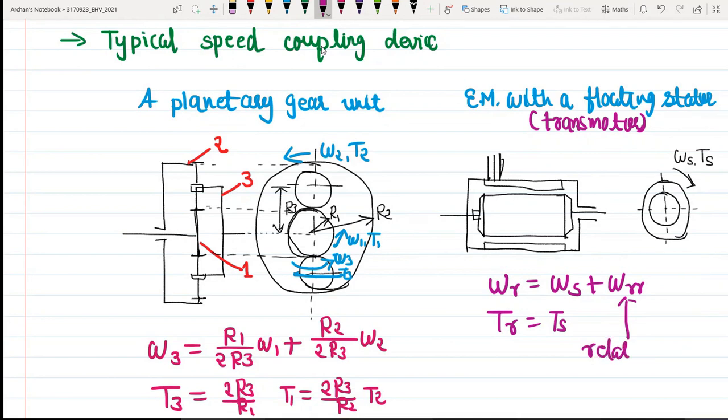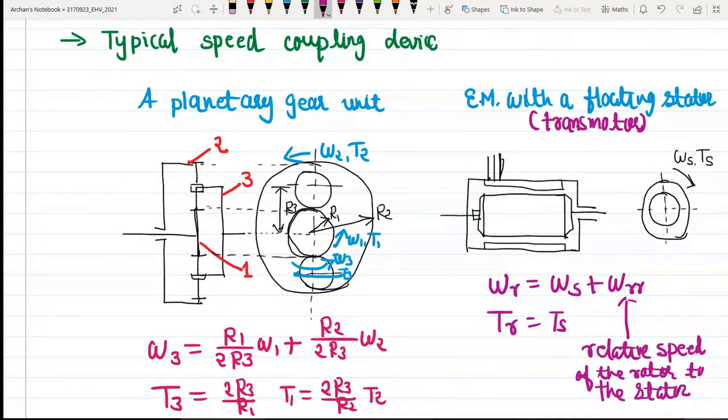Okay, it is nothing but the relative speed of the rotor to the stator, right? So up till now, whatever motor configurations we have seen, what we have seen is that the stator is a stationary part and the rotor is the rotating part. Okay.